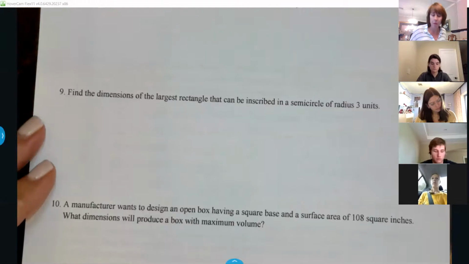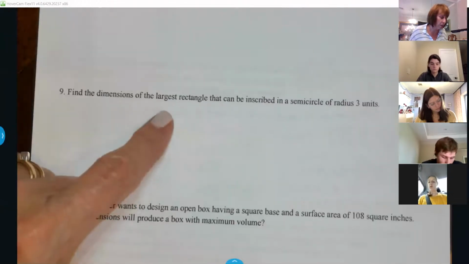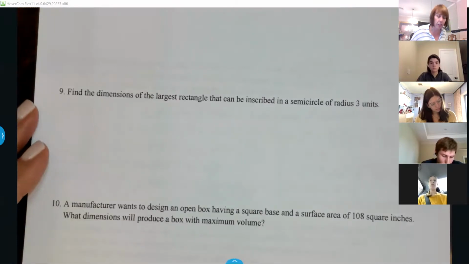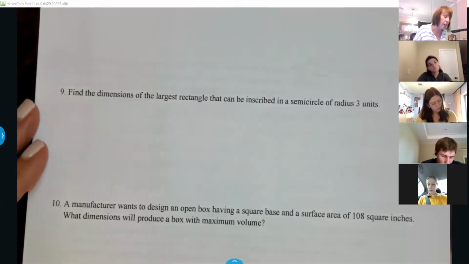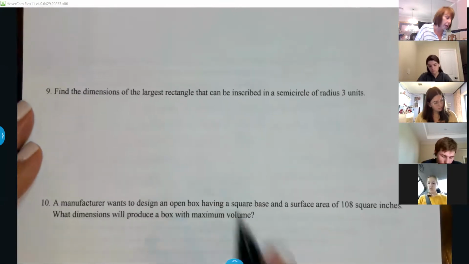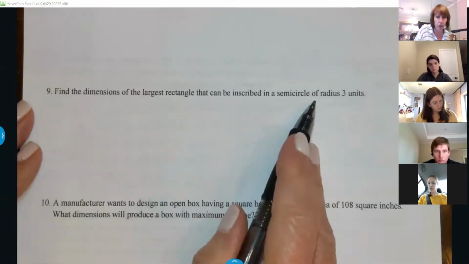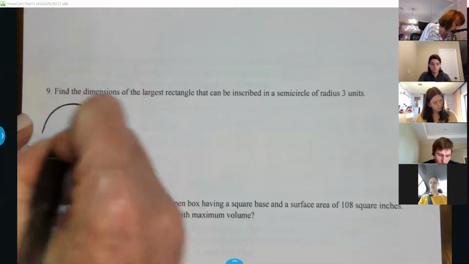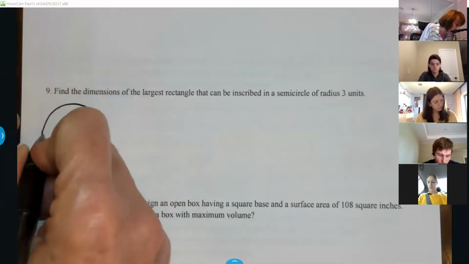All right. Let's see. Find the dimensions of the largest rectangle that can be inscribed in a semicircle of radius 3 units. Okay. So I'm going to begin by drawing a semicircle, and the semicircle is going to have radius 3 units.